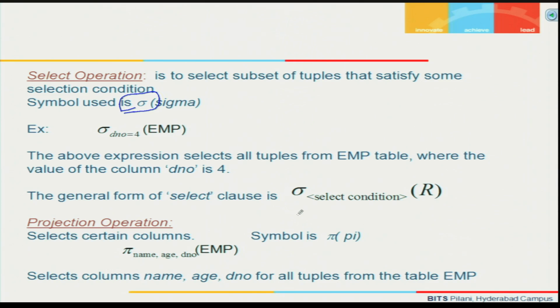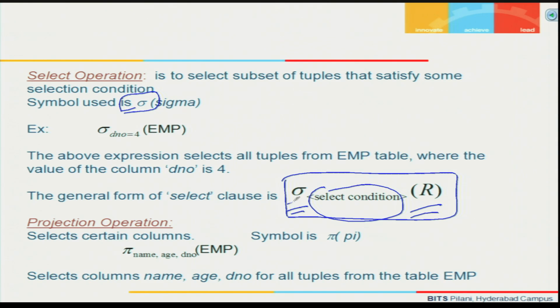the general form of the select clause in relational algebra is like this. This is the relation on which we are going to apply this operation, and this is the select operation. Here, as a subscript between this symbol and the relation, we can specify the conditions.